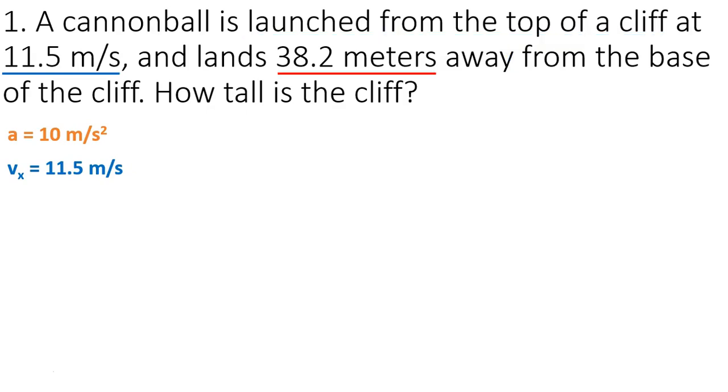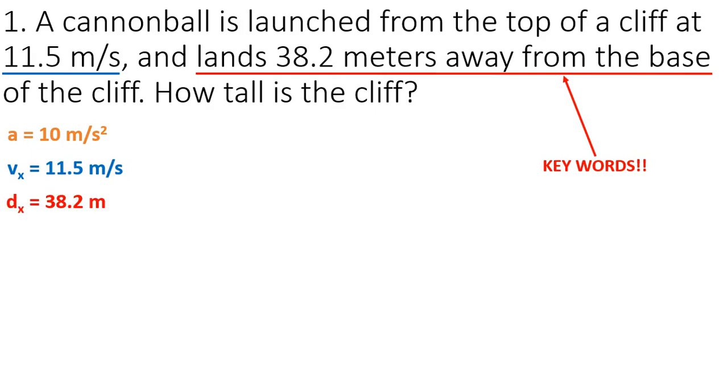We know that it lands 38.2 meters away from the base. So meters is your clue that we're dealing with a displacement. And again, you have to figure out, is this talking about in the x direction, horizontally, or the y direction, vertically? And again, here's our key words. It lands that far away from the base.